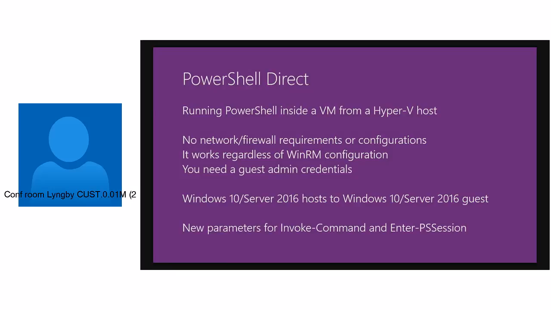You need to have guest VM user credentials. If you don't have them, you will not be able to connect. You can connect to Windows 10 or Windows Server 2016 as a VM operating system, and you can also connect from Windows 10 or Windows Server 2016.